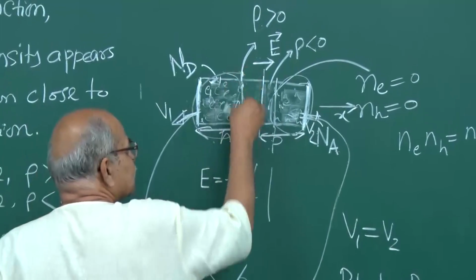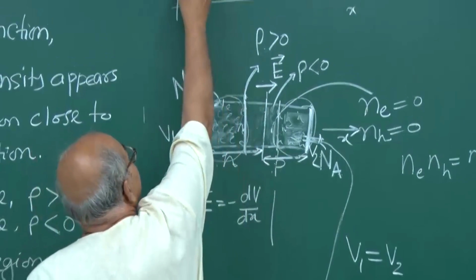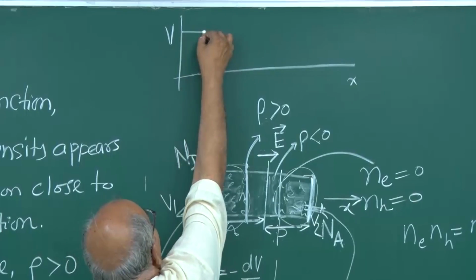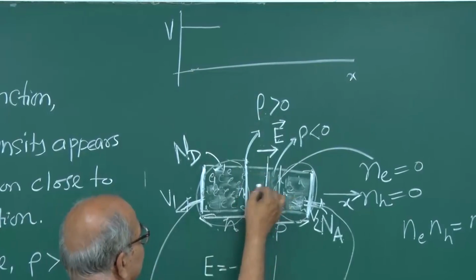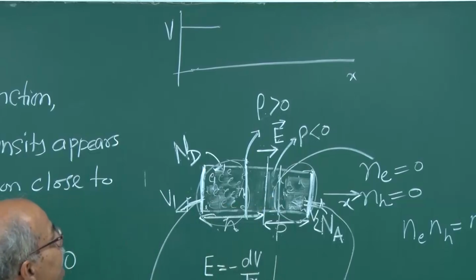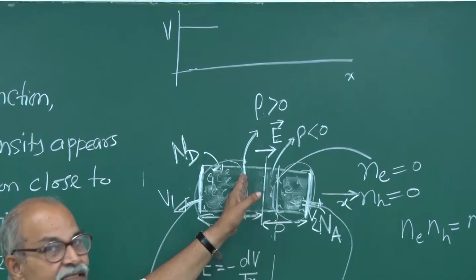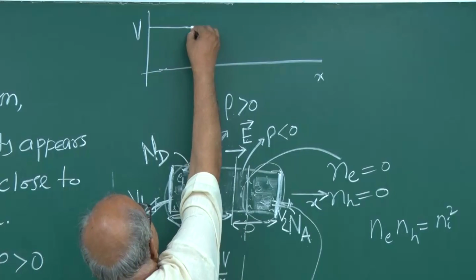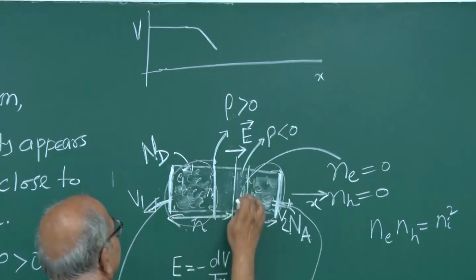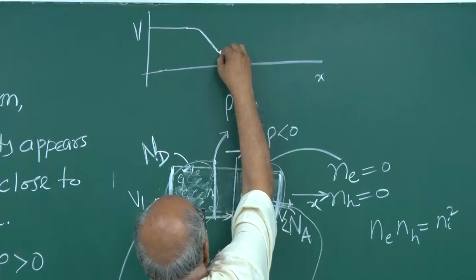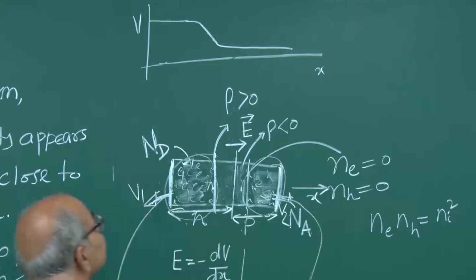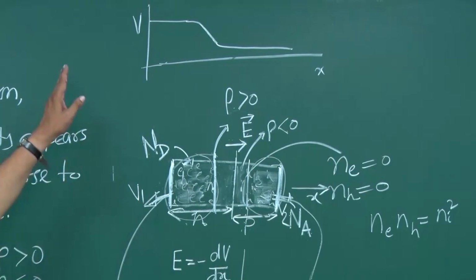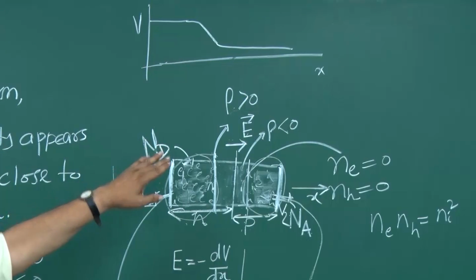So up to this depletion region, the potential is constant, and after that the potential will gradually decrease once you enter this depletion region because of this electric field. So it goes like this, and then again it becomes constant. So this is how the potential as a function of x will look.